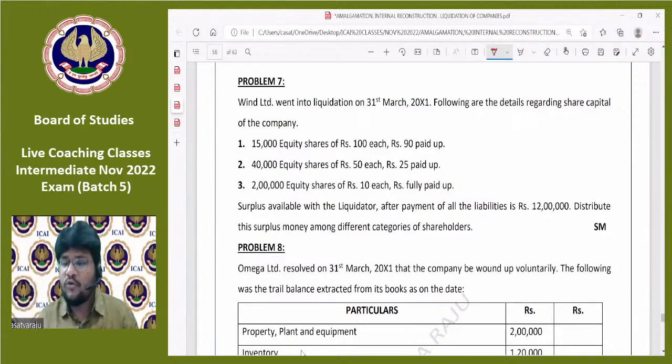The amalgamation adjustment account should be shown under reserves and surplus as a negative figure only, as per the guidance given in Schedule 3 of the Companies Act 2013. The amalgamation adjustment reserve should be shown as a negative figure like the P&L debit balance. That is the reason why we are reducing it from reserves and surplus. Okay.